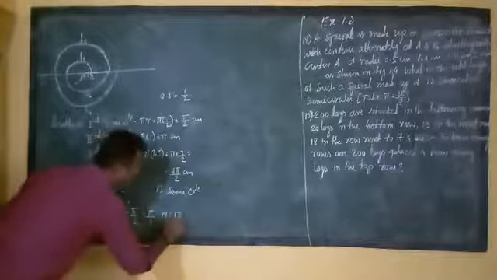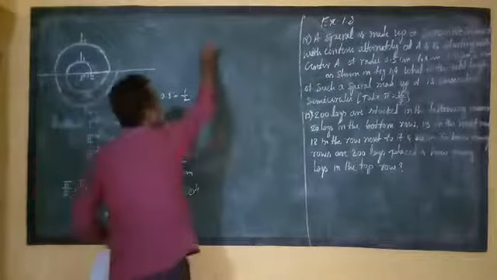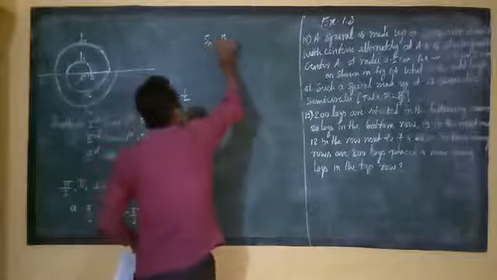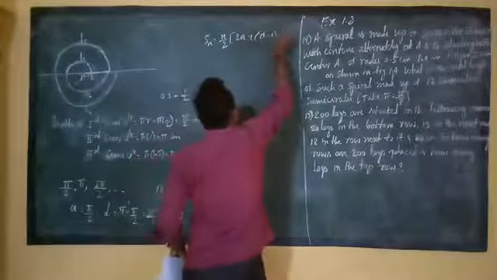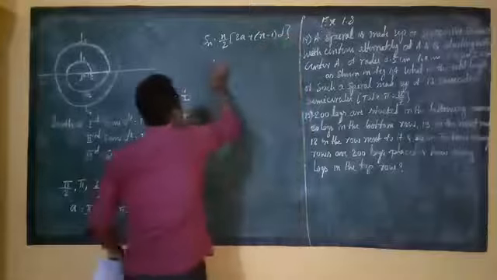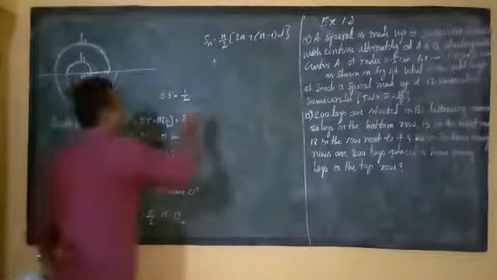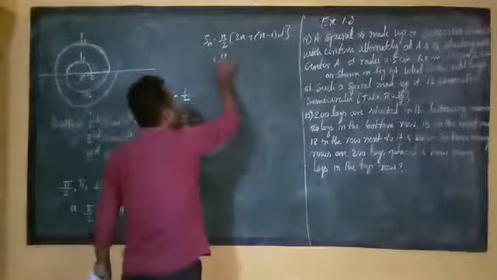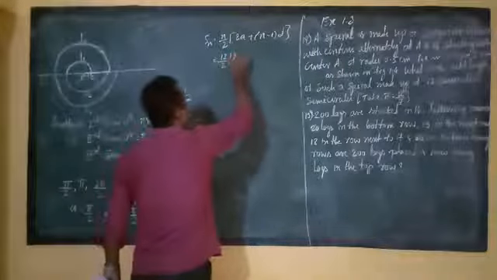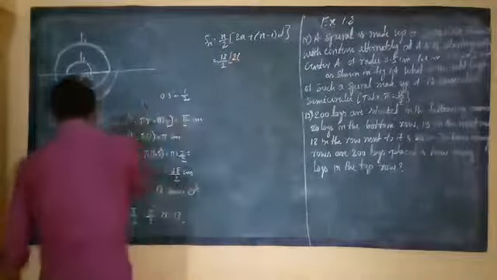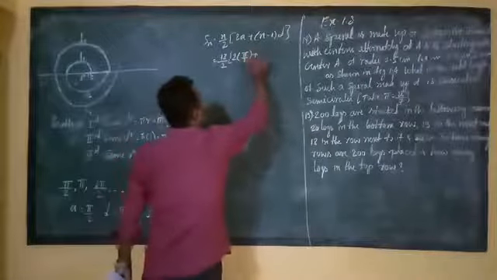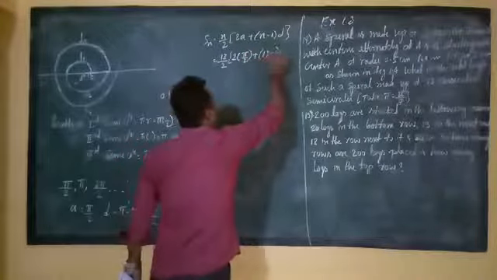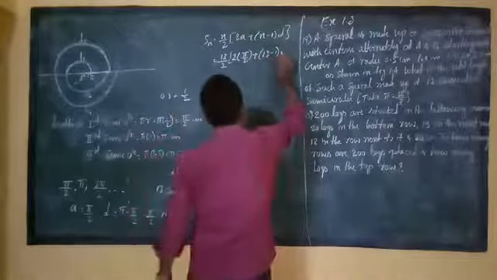Now Sn is equal to n by 2 into 2a plus n minus 1 into d. Now n means 13, so 13 by 2. 2 into a means 2 into pi by 2, plus n minus 1, which is 13 minus 1, into d, which is pi by 2.